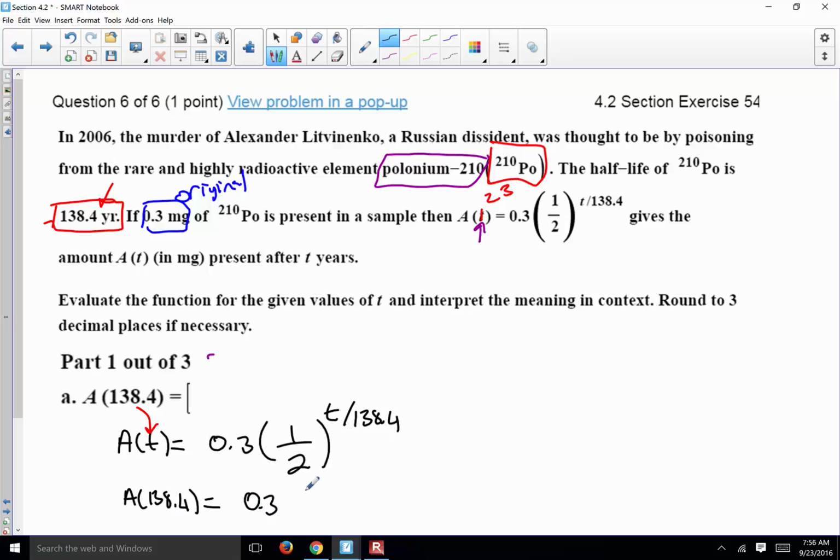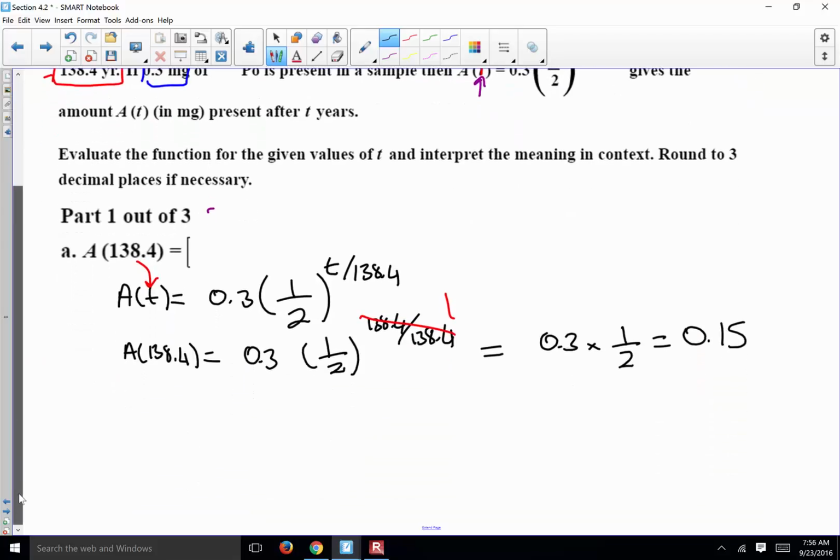Let's put it in place. What happens if you divide 138.4 by itself? This turns into 1. Look, you have exactly 0.3 times 1 over 2, half of 0.3, and our answer has been just verified by computation, by the formula. I already knew it, because I had exactly weighted that exact time needed. Okay?